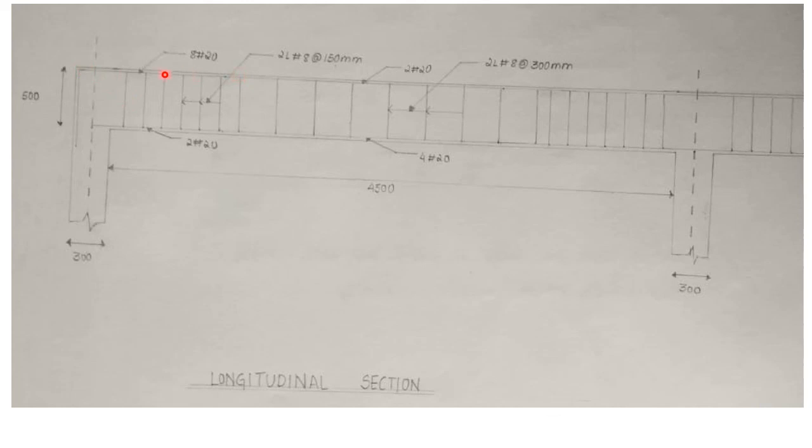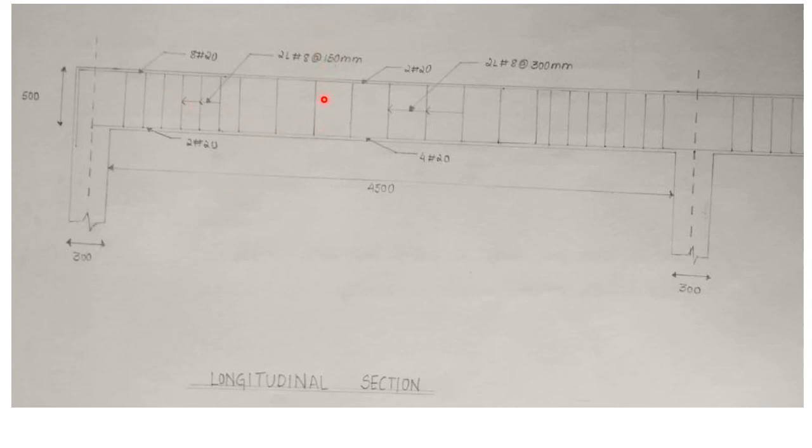Therefore, to a distance of 0.25 of effective length from the face of the column, we are going to provide 4 bars of 20 mm diameter. Along with the hanger bars and the negative reinforcement, we are going to provide one more additional reinforcement, to a distance of 0.15 of effective length from the face of the column, which is again 2 bars of 20 mm diameter.